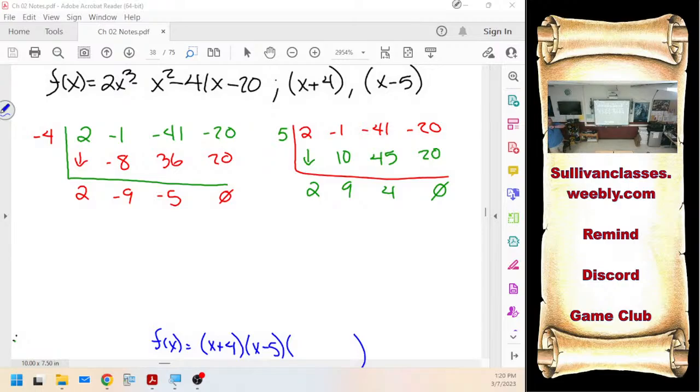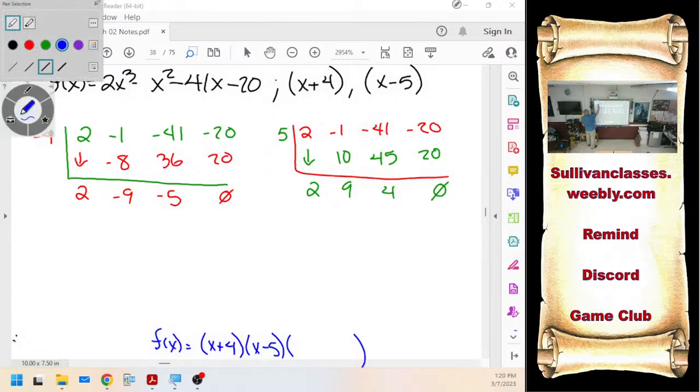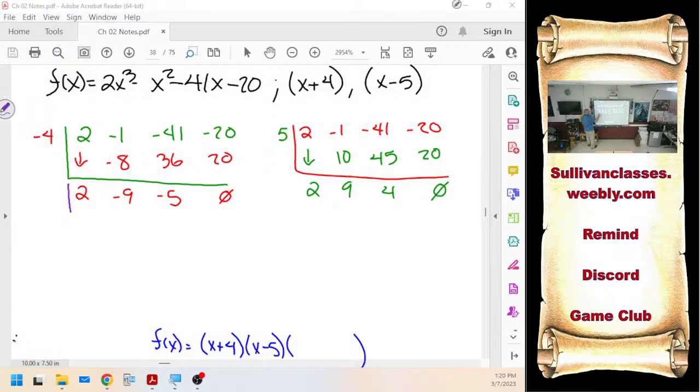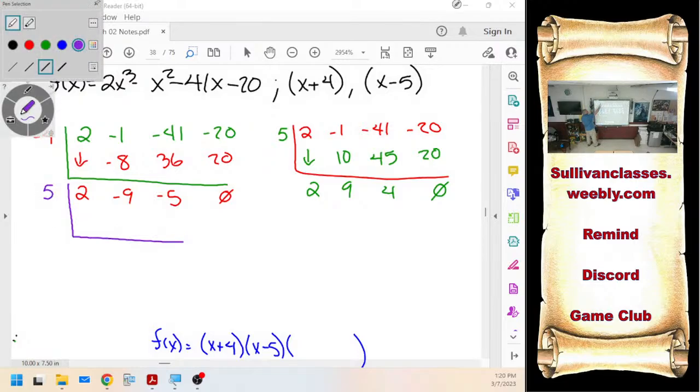But this is why I like that upside down bar. Do you remember doing chains of long or synthetic division in Algebra 2? Now I can keep going with the other one. Drop 2. 5 by 2 is 10.